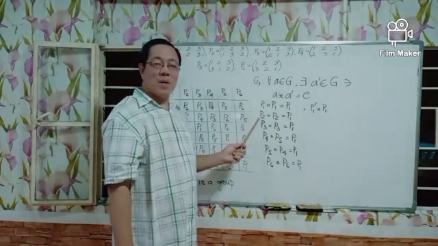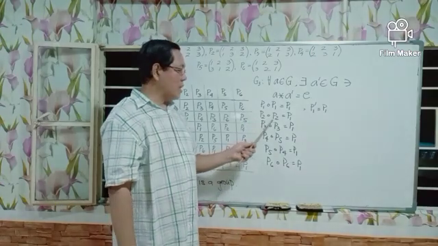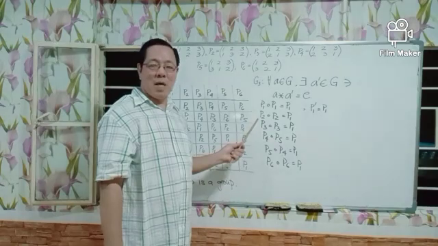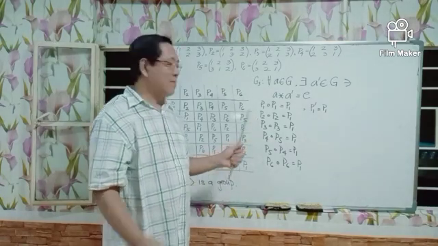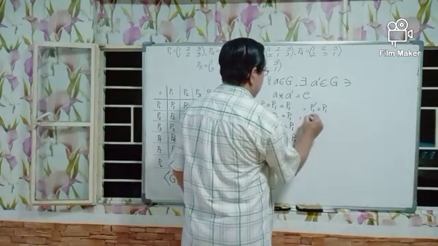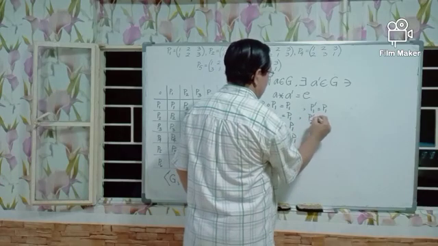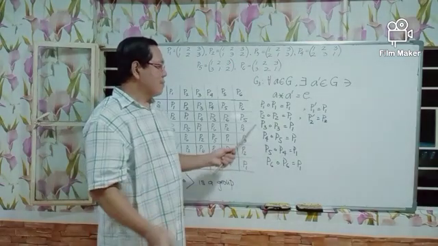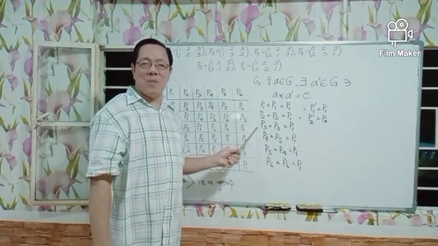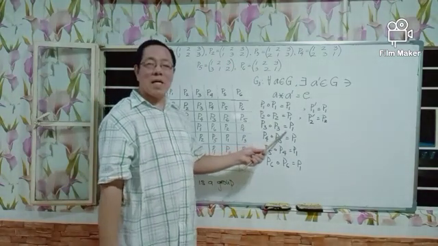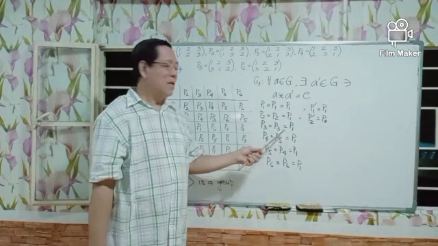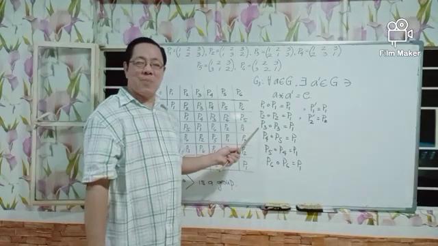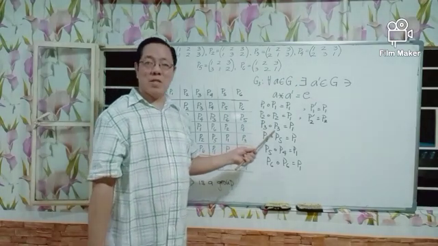We say that the inverse element of P2 is itself, and the inverse element of P2 is denoted by P2 prime. We also have the composition of P3 with itself equal to the identity element P1, and we take the inverse element of P3 equal to itself, P3.